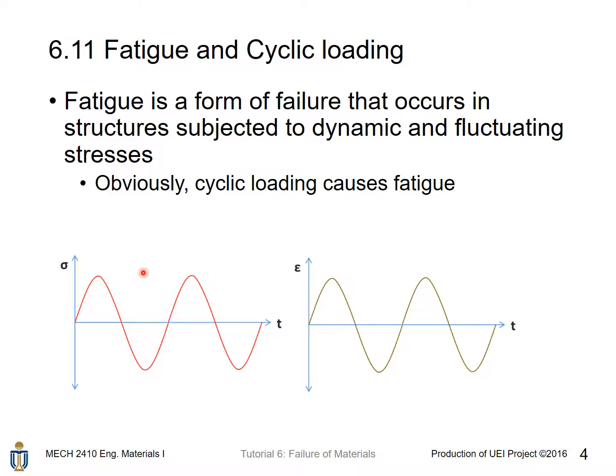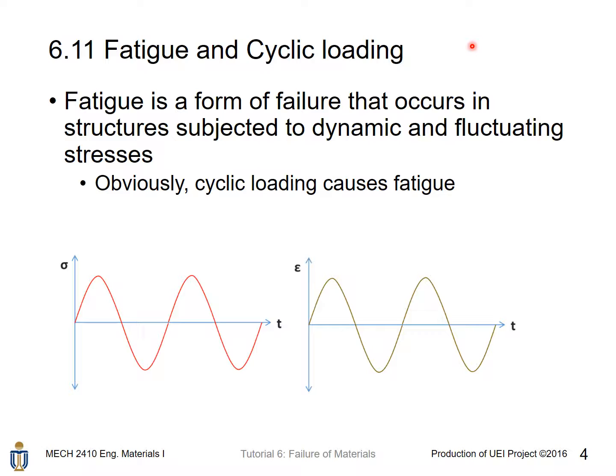The sign of that loading is constantly reversed periodically. The stress value is first positive and then negative, and then positive and then negative. It is just like when you bend a small piece of metal strip forward and backward.